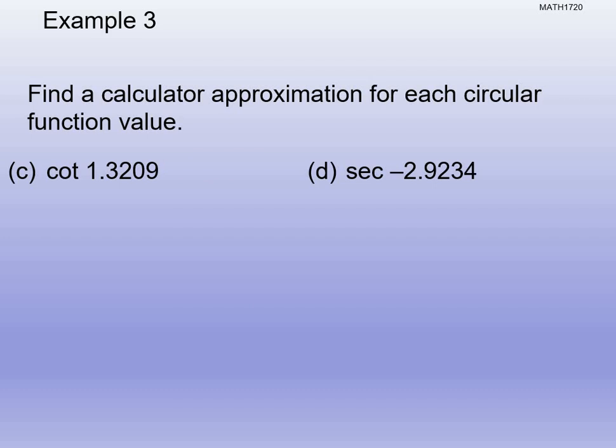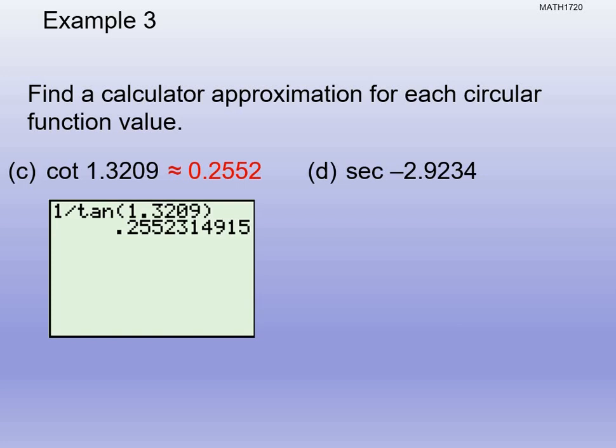Same with these. Now, what are these? These ones are a little bit more scary, right? Because they're inverse functions and we don't have a cotangent button on our calculator or a secant button. So we know that with cotangent, we have to do something with the tangent function, and with secant, we have to do something with the cosine function. So when we're going to approximate this, when we have to use cotangent, we're going to take 1 divided by tangent of whatever that angle is.